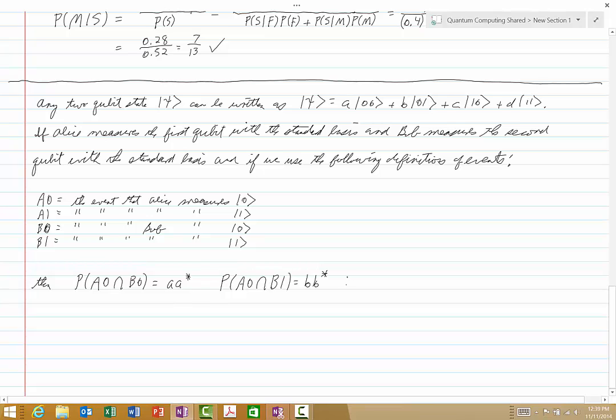P of A1 and B0 equals C conjugate. And P of A1 and B1 equals D conjugate.